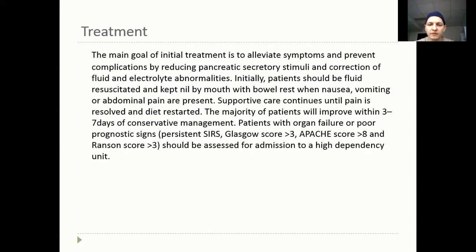Patients with organ failure or poor prognostic signs, persistent SIRS, Glasgow score more than 3, APACHE score more than 8, and Ransom score more than 3, should be assessed for admission to a high dependency unit.